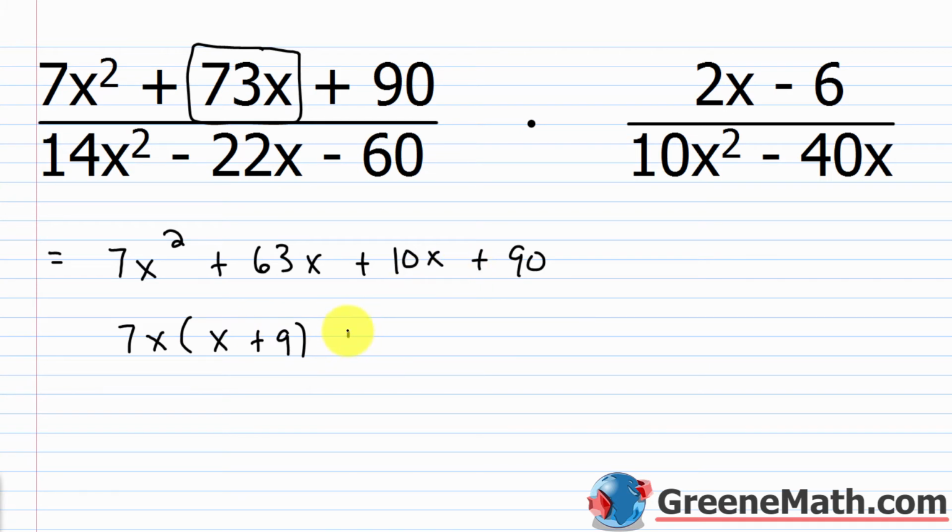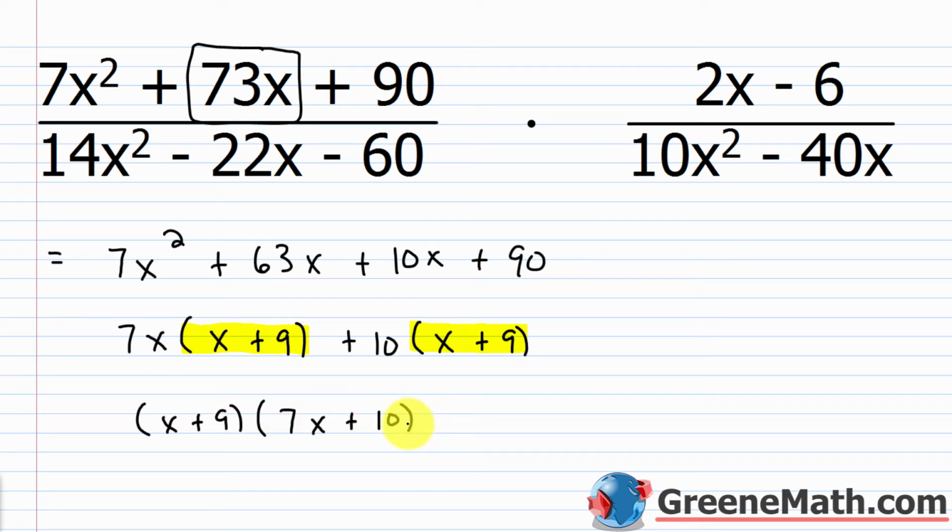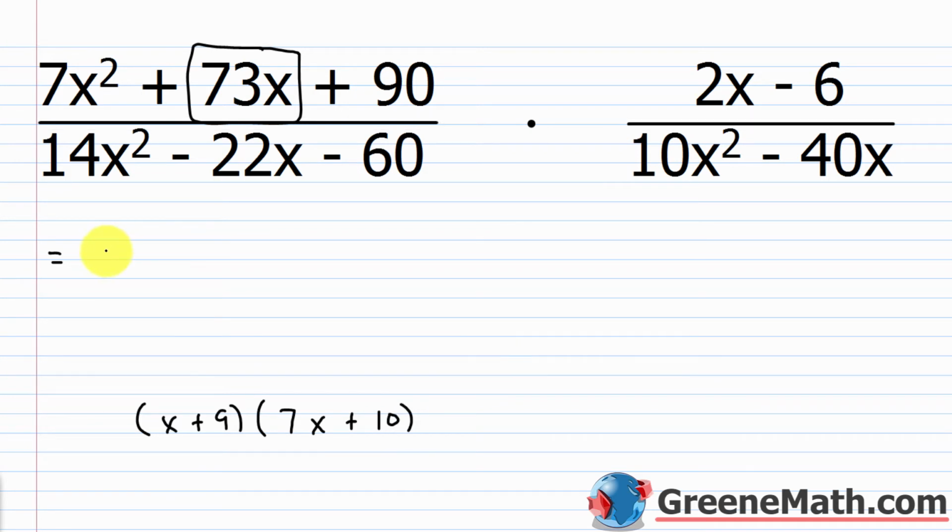From the second group, I could pull out a 10, and I'd be left with x plus 9. So I could factor out this common binomial factor of x plus 9. And what's that going to leave me with? I would have x plus 9, that quantity, multiplied by the quantity 7x plus 10. And so let me erase this, and I'll write this in factored form. I've got x plus 9, that quantity, multiplied by the quantity 7x plus 10.